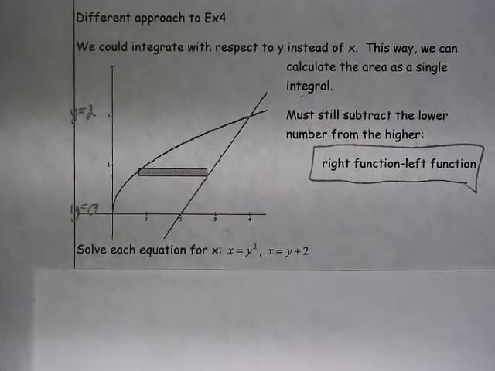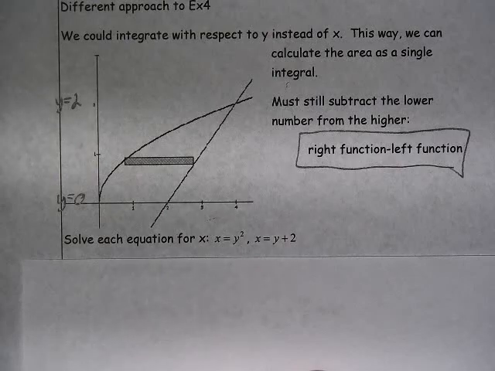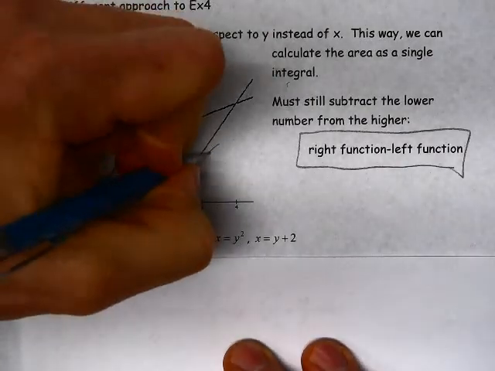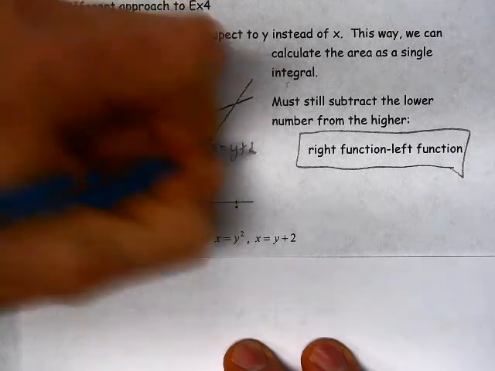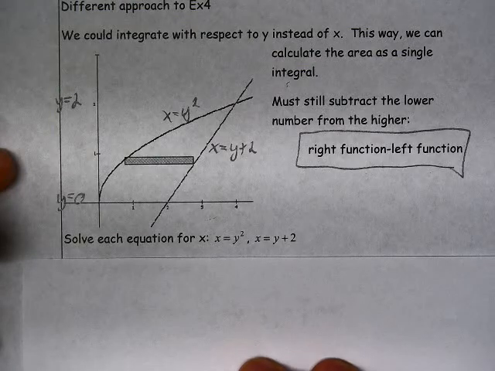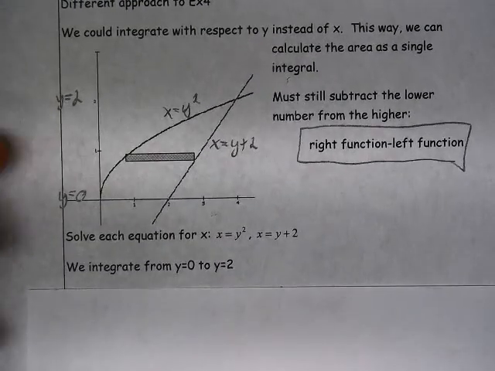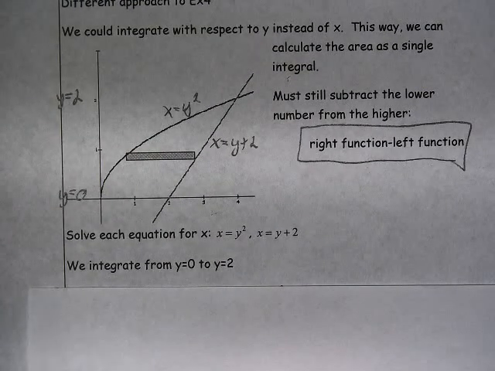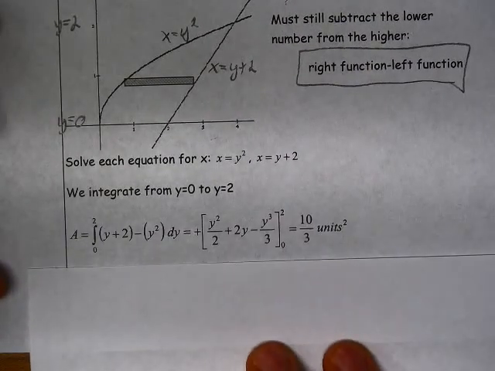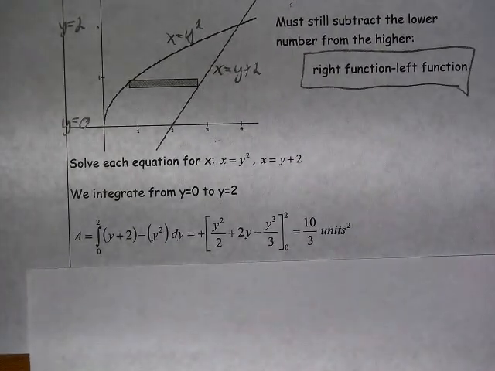So if we're going to do it this way, we have to solve each of these for x. So here I have x equals y plus 2, and here I have x equals y squared. And now I can integrate from y equals 0 to y equals 2. And I can do it as just one integral.